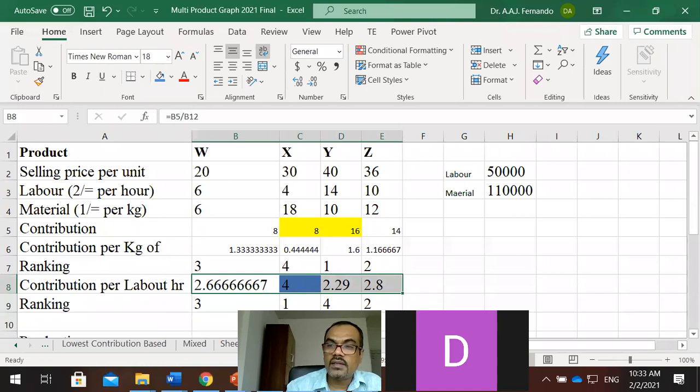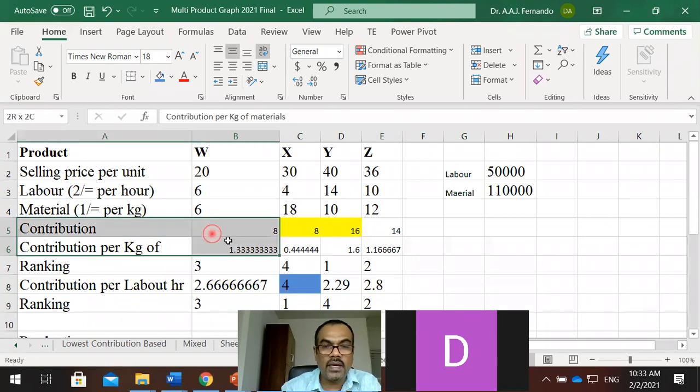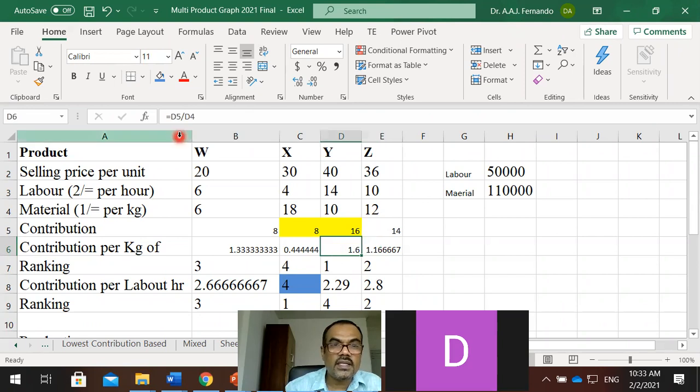Likewise, we can do the calculation for the contribution per 1 kilogram of material. Here also it is different. The highest is Y. Therefore, you need to give priority to this. The second one is this one, 1.16, the third one is this, and the fourth one is this. So the ranking would be slightly different.